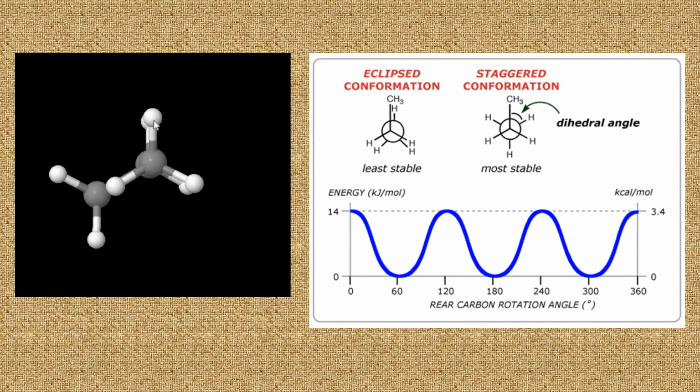Each CH repulsion gives rise in the energy of the molecule by 4 kilojoules. So there are two eclipsing interactions which are giving rise to 8 kilojoules of energy per mole. And there is another CH-CC bond repulsive interaction that raises the energy of the molecule by 6 kilojoules per mole. So altogether, all these three eclipsing interactions raise the energy of propane by 14 kilojoules per mole.